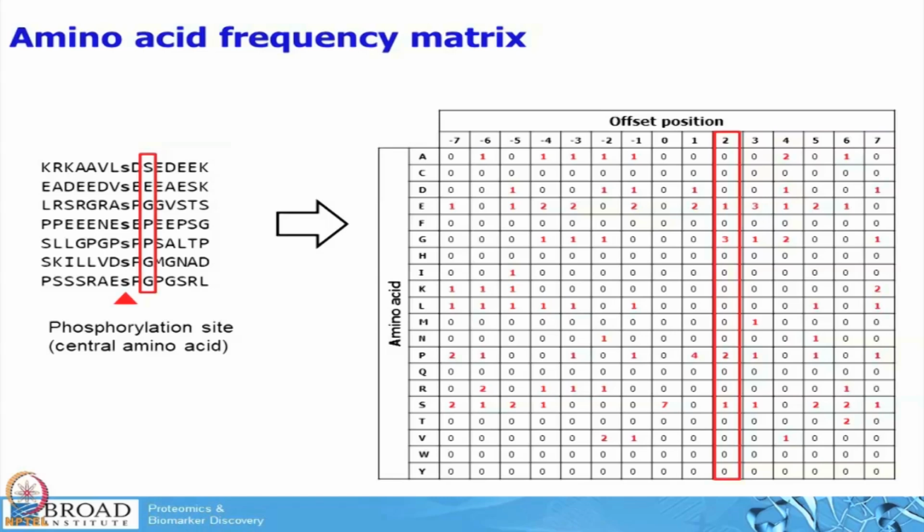On the y-axis, you have all 20 amino acids, and you just count the frequencies of these amino acids in your data. For example, in this case, we would have 3 glycines, 2 prolines, and so on and so forth. So it's very easy to build up this frequency matrix.